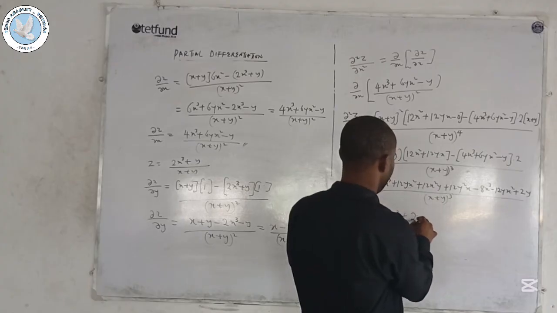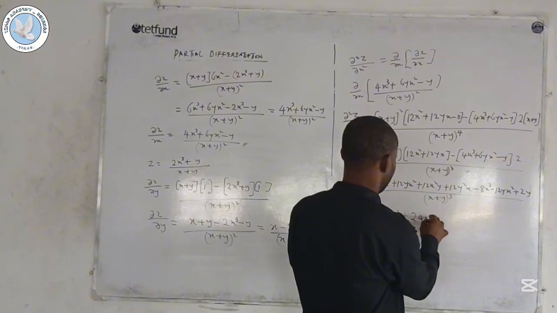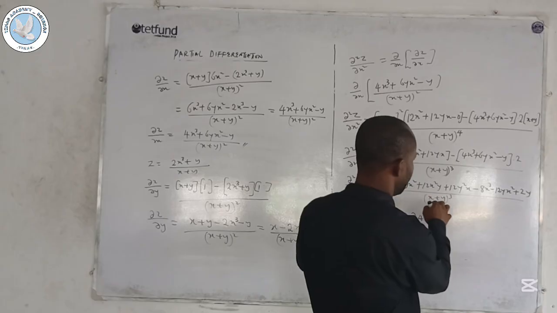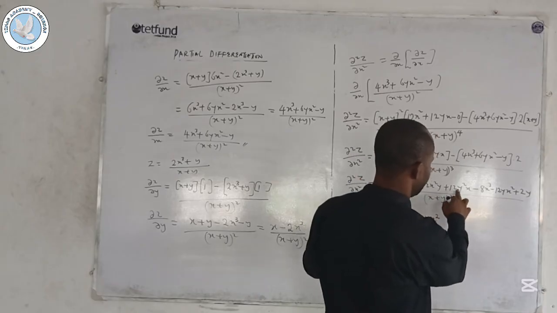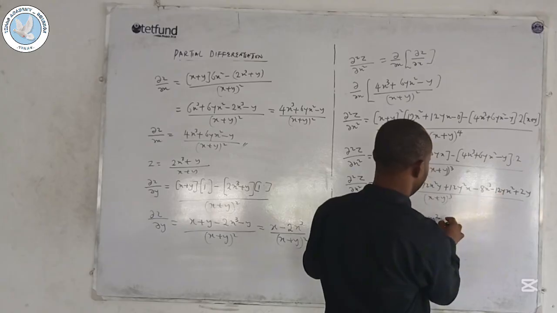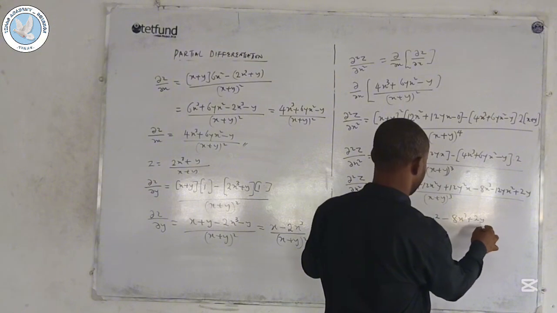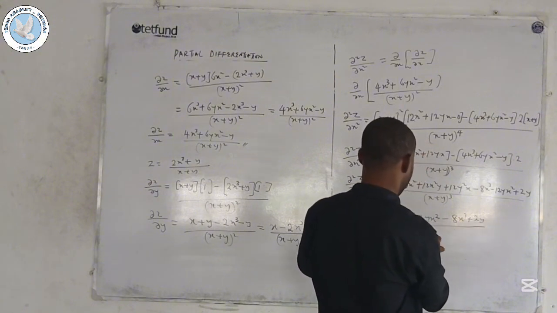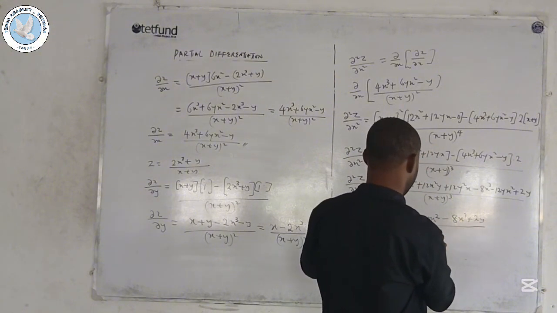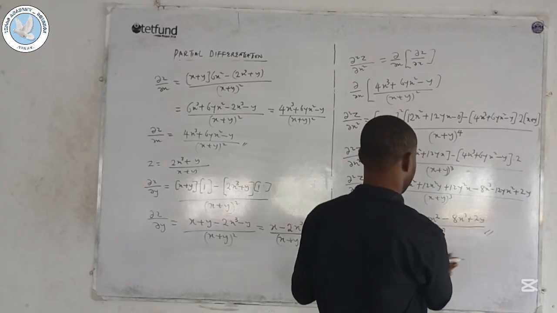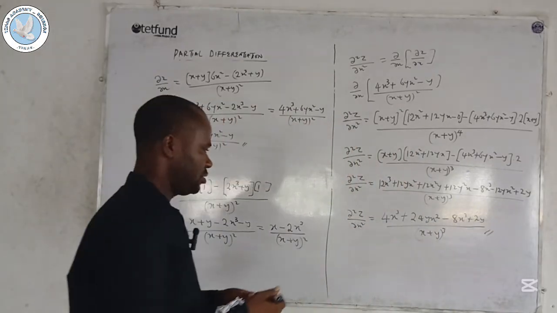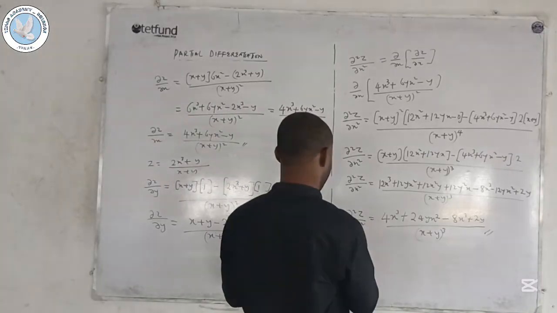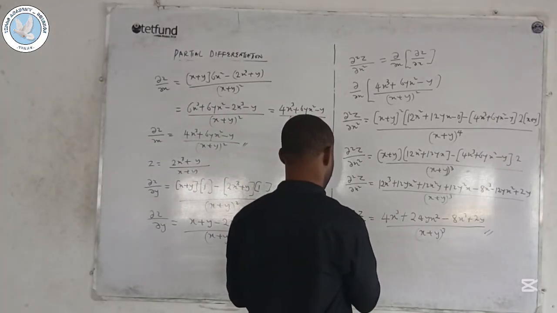We have 24y to the power of 2. So the next is this and this. This and this cancel out, and we are left with this plus this divided by this as the answer.